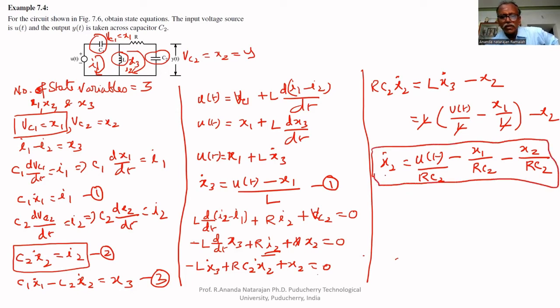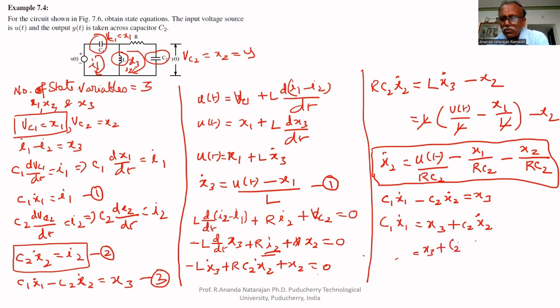Similarly, we have to find the expression for x1 dot. For that, let us consider equation 3. That is C1 x1 dot minus C2 x2 dot equal to x3, or C1 x1 dot equal to x3 plus C2 x2 dot. X2 dot equal to what?